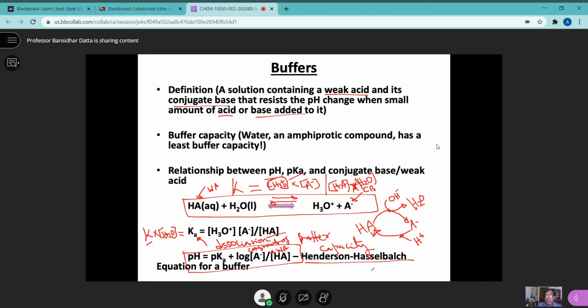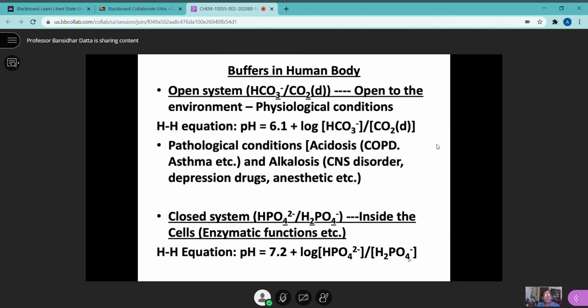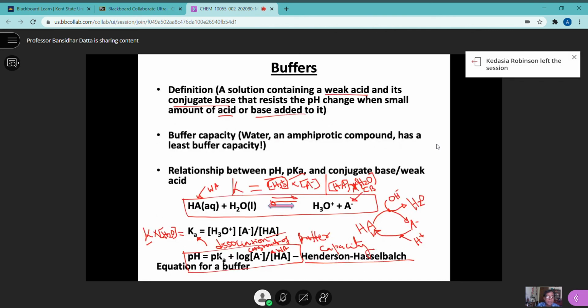So let's go one more time to how to calculate the pKa. Let me give you an example: Ka of acetic acid, vinegar, is 1.85 times 10 to the power minus 5.